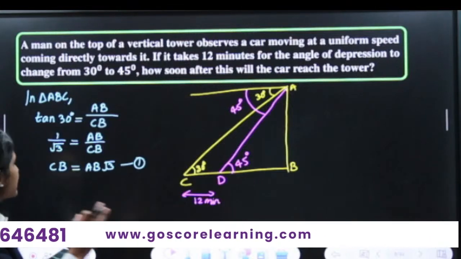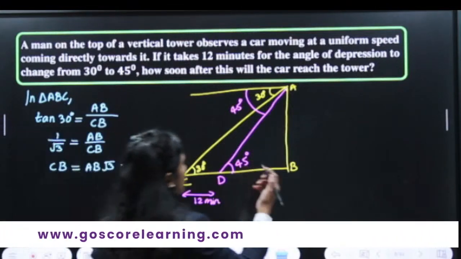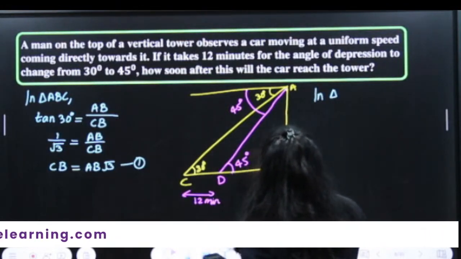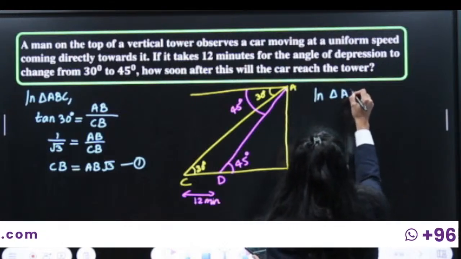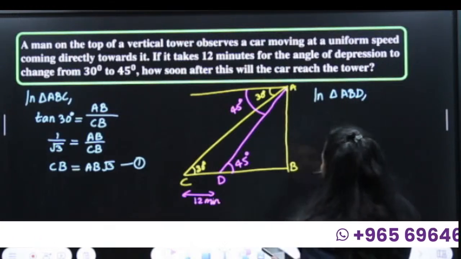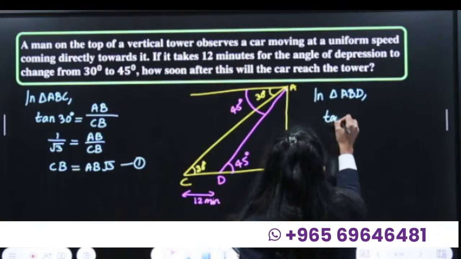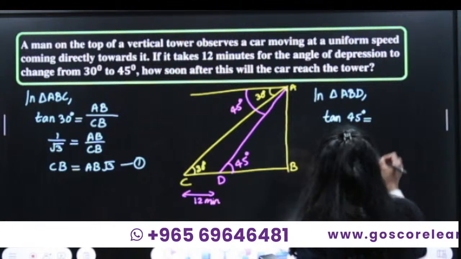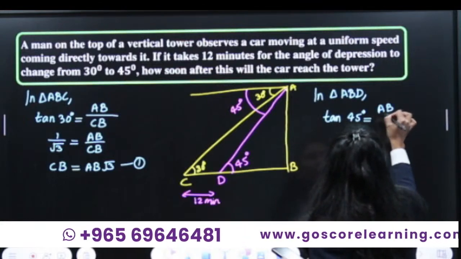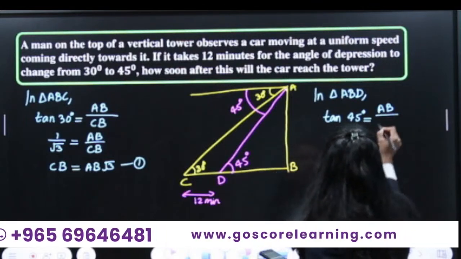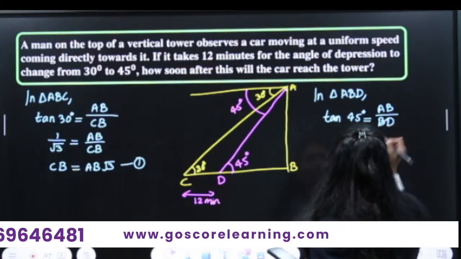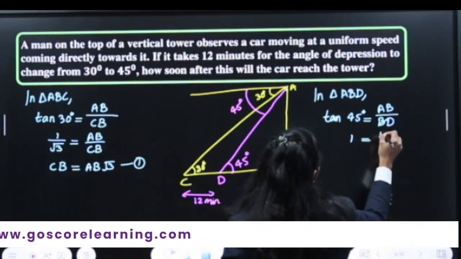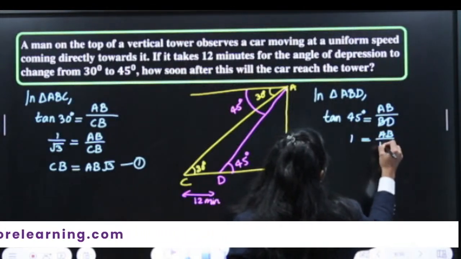Now, we will consider the next triangle. In triangle ABD, we can see tan 45 is equal to opposite AB divided by adjacent BD. Tan 45 is 1, so 1 is equal to AB divided by BD.